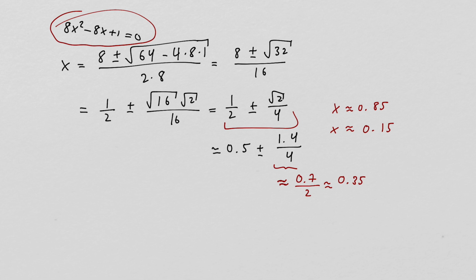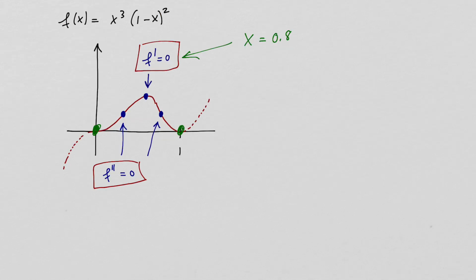Well, we can calculate some approximation by hand. So either x is equal to 0.15 or 0.85. So we can put the values of x here. The first option is that x is equal to 0.15 and the second option is that x is equal to 0.85 approximately.